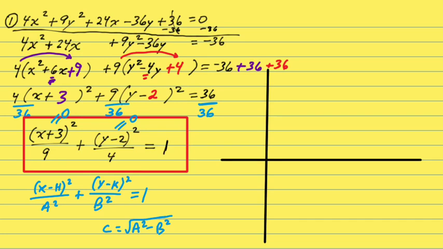So when I graph it, I'm going to go out to 3 and up to 2. Now, how far in the x direction do I go? What's under the x? A 9. The square root of 9 is 3. So if I go 3 to the right, that'll give me one vertex. 3 to the left will give me the other vertex.